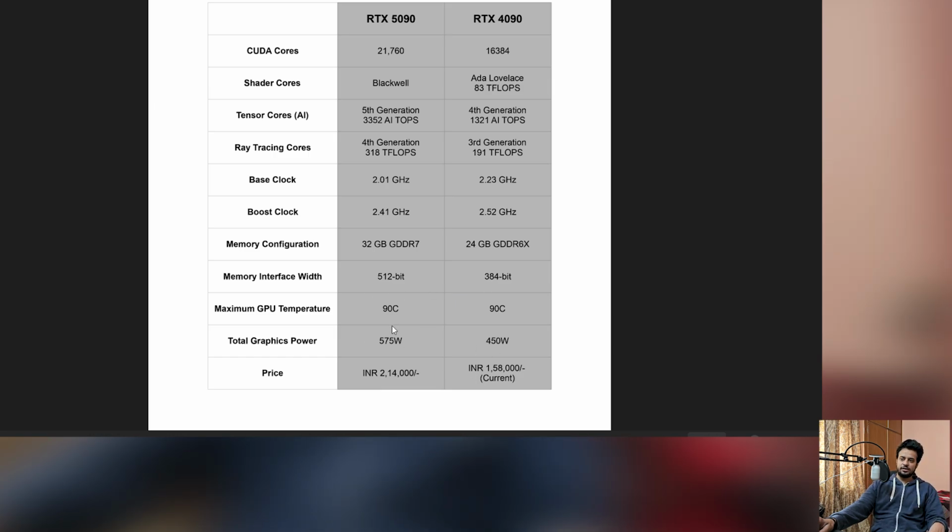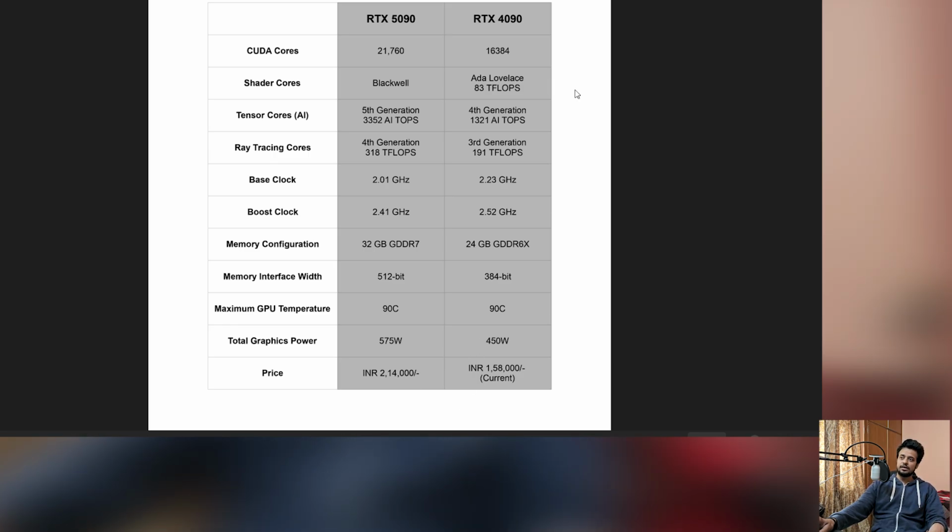And this is the major part here: 450 watts to 575 watts total graphics power. 450 watts on the 4090 was already borderline, because on some partner cards it would easily go over 500 watts. Now on the reference card we have 575. So this is going to change some things and may even prompt a power supply change. But then again, if you got an RTX 4090, you probably got something around 1200 or 1500 watts.